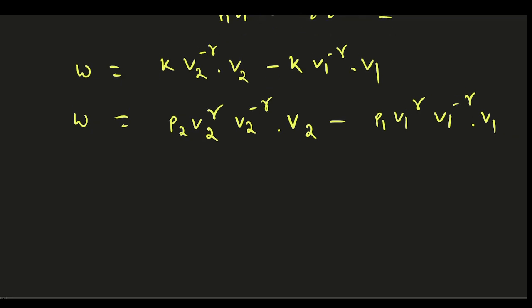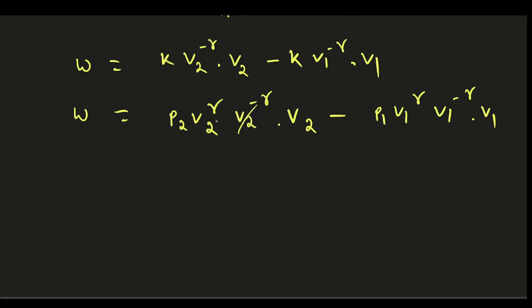So what you get here, this cancels, this cancels, because a to the x and a to the minus x, that is a to the power 0, and a to the 0 equal to 1. So that's why I cancel it.